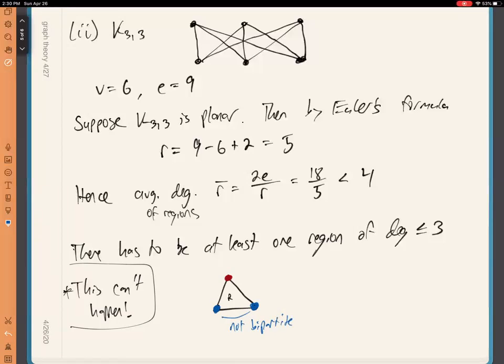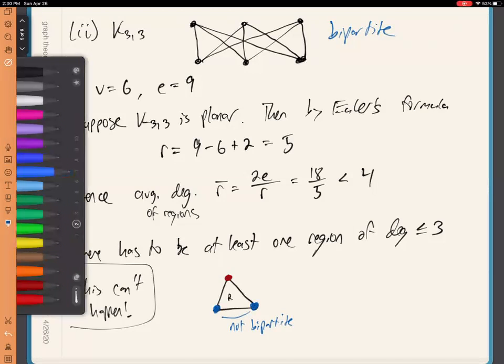If this picture appeared somewhere in the graph, then the graph wouldn't be bipartite, but we're assuming that it is bipartite, right? And so therefore, the degree of the regions has to be bigger than 3. And so once again, we didn't show that there's something wrong here. What we showed was that if we assumed K33 was planar, then we would derive some kind of contradictory statement. And so therefore the assumption was wrong, and it follows that K33 is not planar, right?